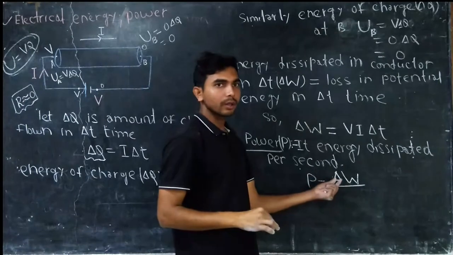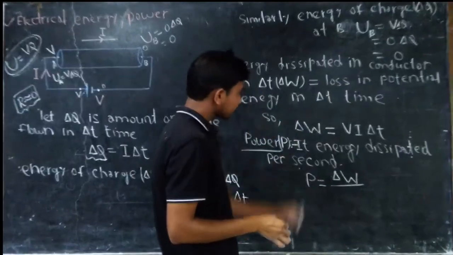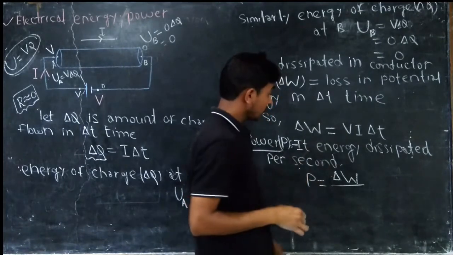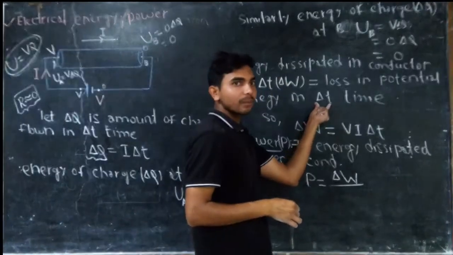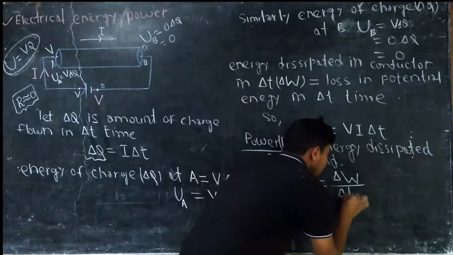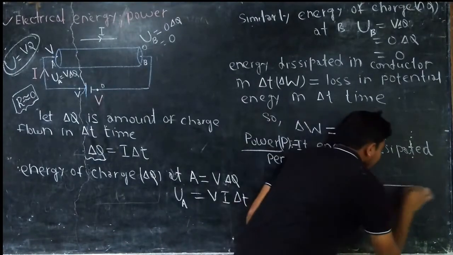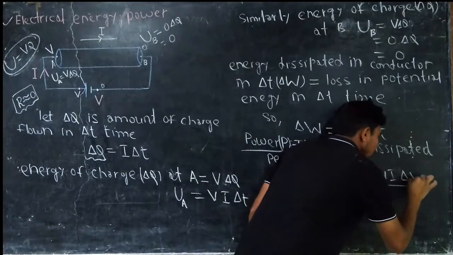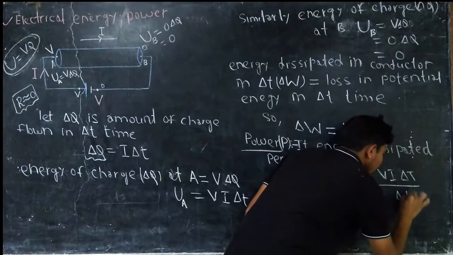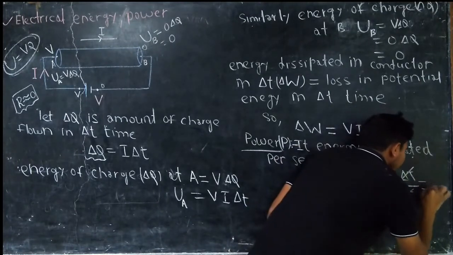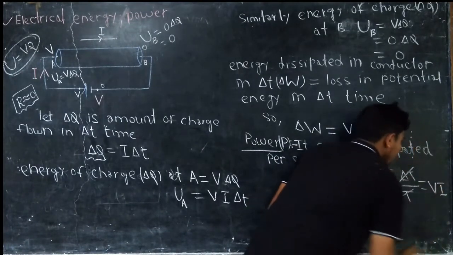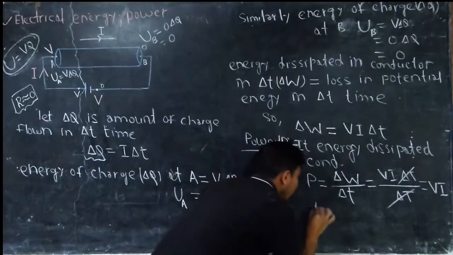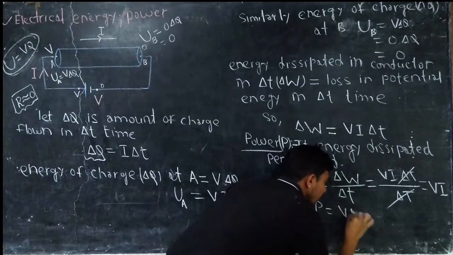That means we have to divide by time, Δt, and W has the value VIΔt. Here Δt cancels, so the formula for power is VI.